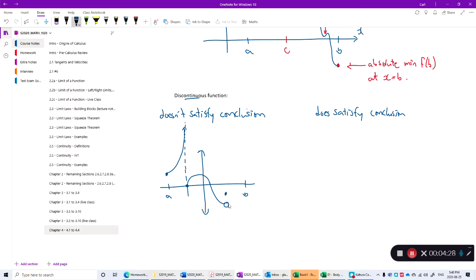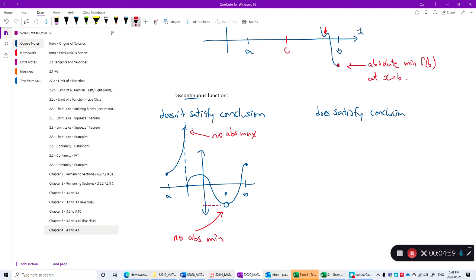So I'm making this pretty wild. This function has neither an absolute max nor an absolute min. There's no absolute max because it just goes up and up and up forever, so there's no limit to it.